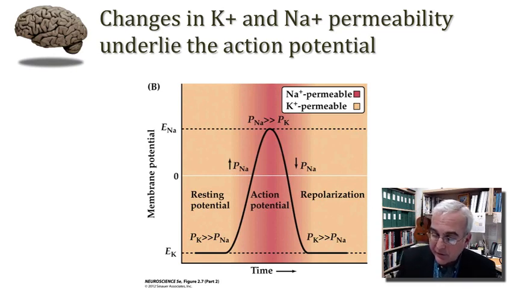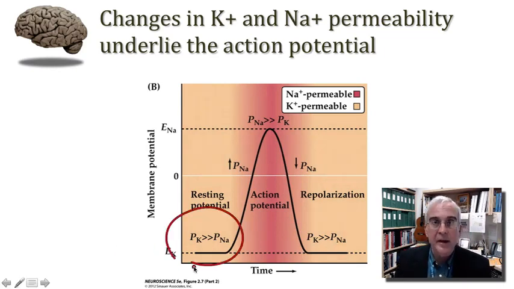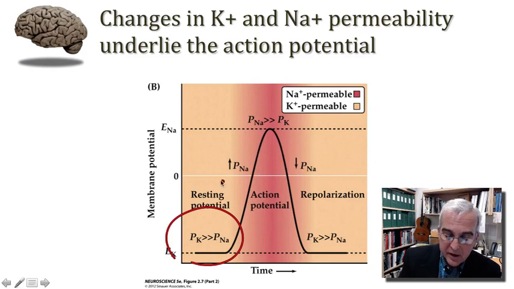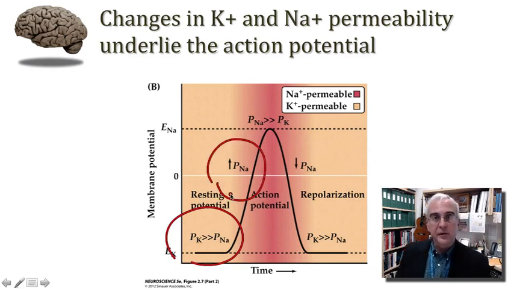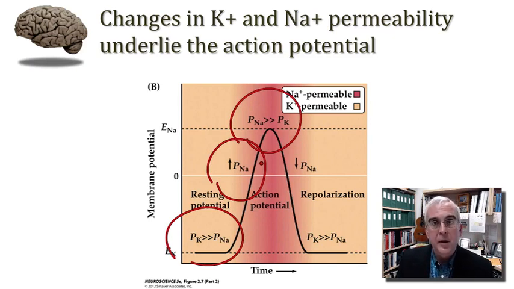It allows us to conceptually understand the resting membrane potential as a state dominated by the leak conductance for potassium, and the rising phase as a phase where there's an explosive increase in the permeability of the membrane for sodium, such that at the peak of the action potential, the membrane potential comes very close to the Nernst equilibrium potential for sodium, because the sodium permeability is so much greater than any other ionic permeability.